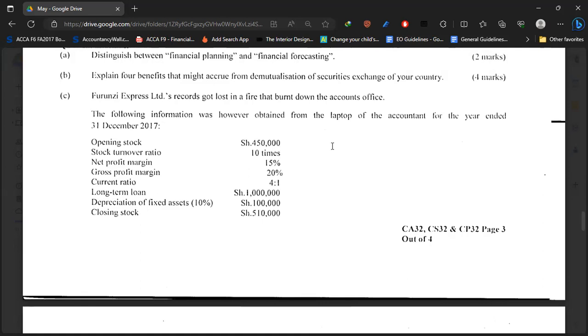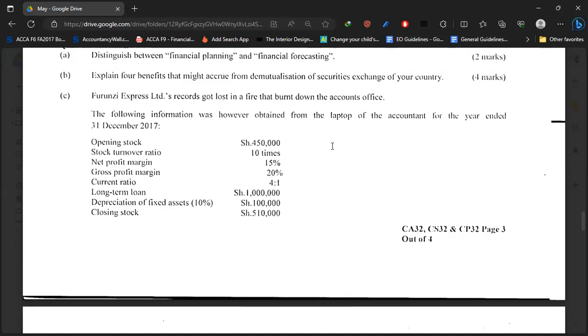Province Express Limited records got lost in a fire that burnt down the accounts office. The following information was, however, obtained from the laptop of the accountant for the year ended 31st December 2017. Opening stock 450,000.